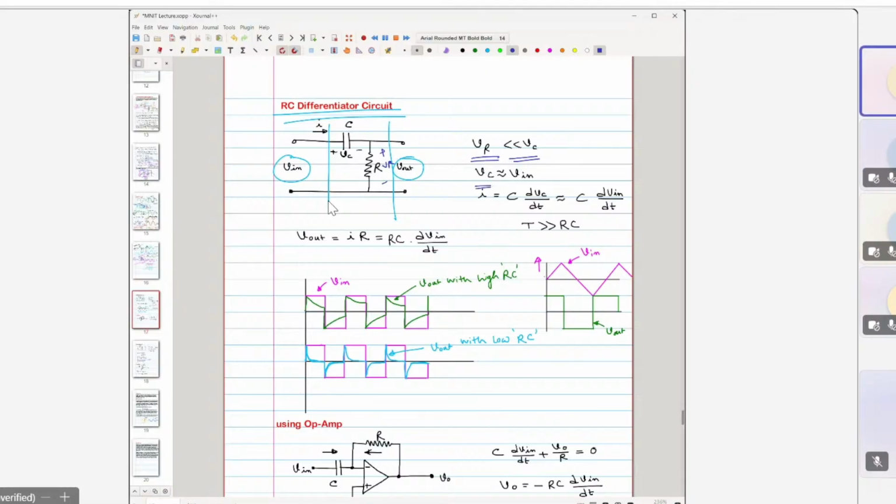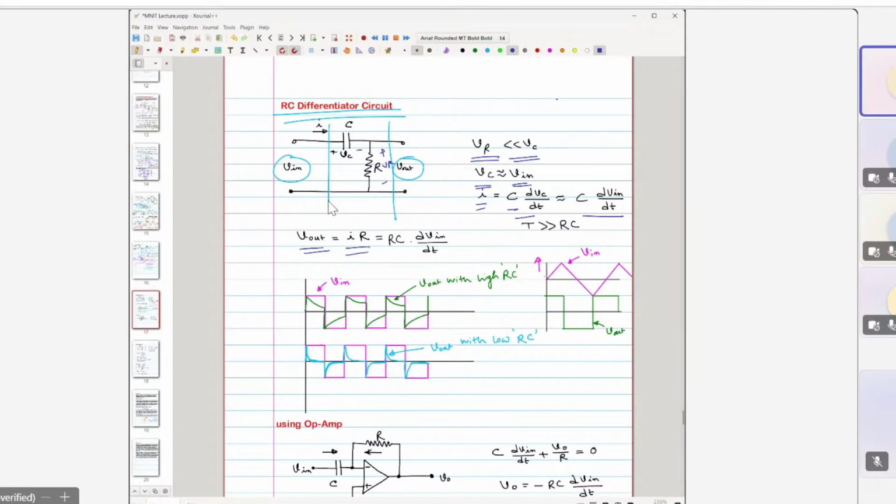So in that case, we can say this Vc is nothing but V in, because this part is negligible. Vc is equal to V in. So if Vc equals V in, then what is I, the current through the capacitor? We know that we can write it as C into dVc by dt. Vc can be approximated to V in, so it is basically C into dV in by dt. Then what is V out?